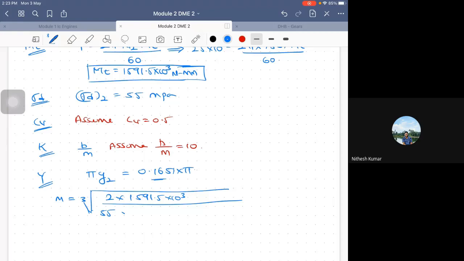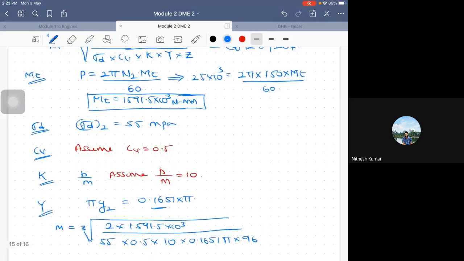Take care about it. 0.5 is the velocity factor, cross 10 is B by M, which is K, cross 0.1651 into pi cross 96. What is 96? It is the number of teeth, Z2. So I would write the Z2 parameter here: 96.